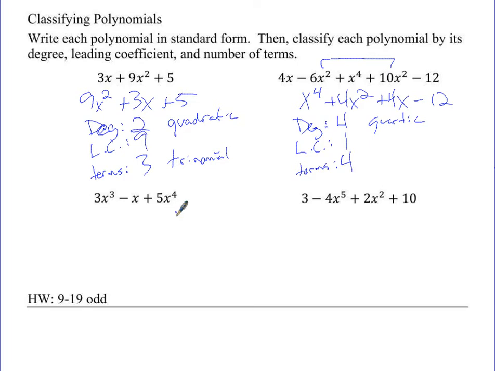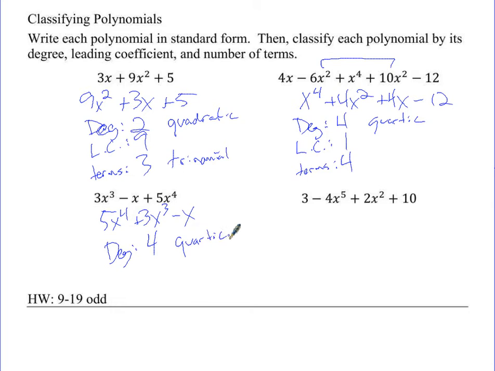Okay, the third one. What should I write? Good? I need the degree. Is 4, so I could call that quartic.